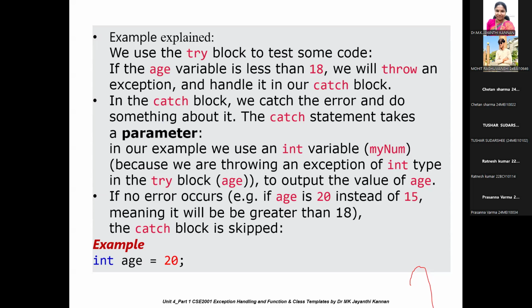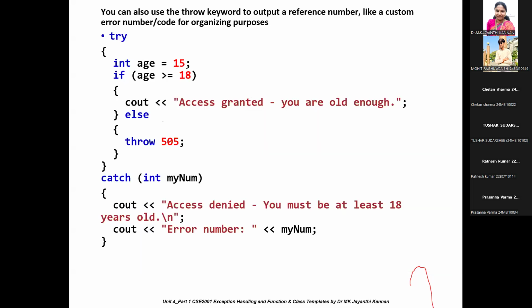In our example, we use an int variable because we are throwing an exception of int type. Then the catch block catches the age and outputs the value of age. If no error occurs, say if age is 20 instead of 15, it will display the message you are eligible to vote. Here, you can also use the throw statement to output a reference number, like a custom error number.